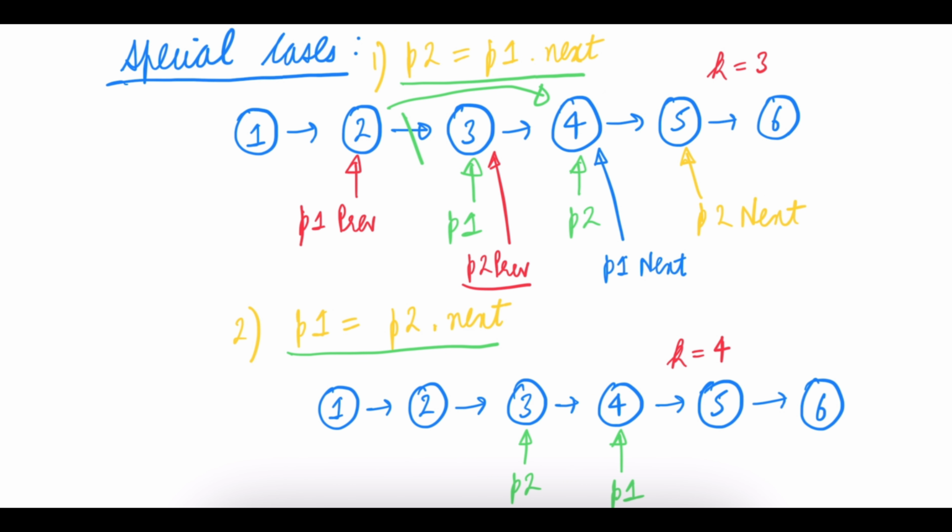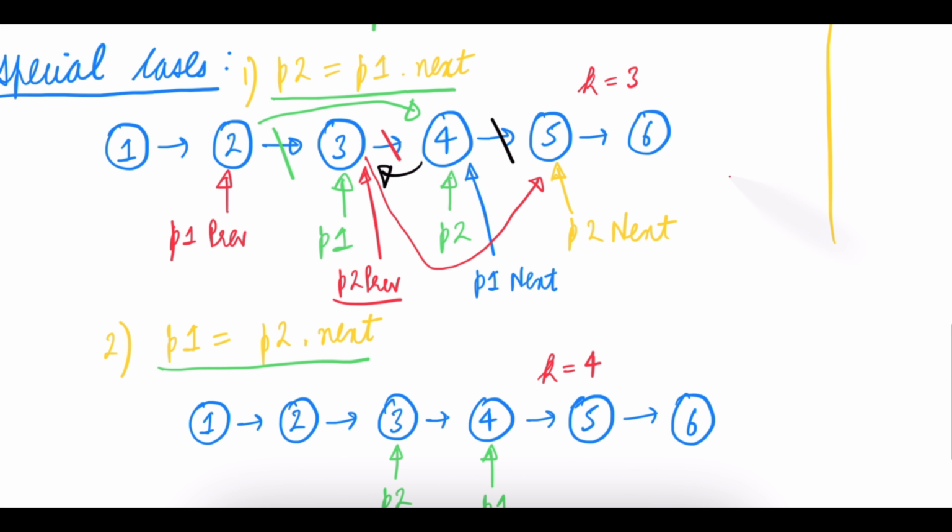Next I can update my p2 dot next to p1, and next I have to update my p1 dot next. So my p1 dot next is this, and this is going to be updated to p2 next. So I simply need to update these 3 pointers.